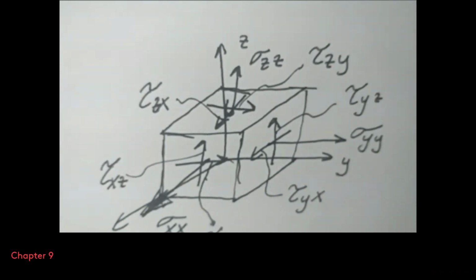So these are the stress components that we have on a unit cube. This is the differential or unit volume that we have. Now, as you see, we have 9 components.